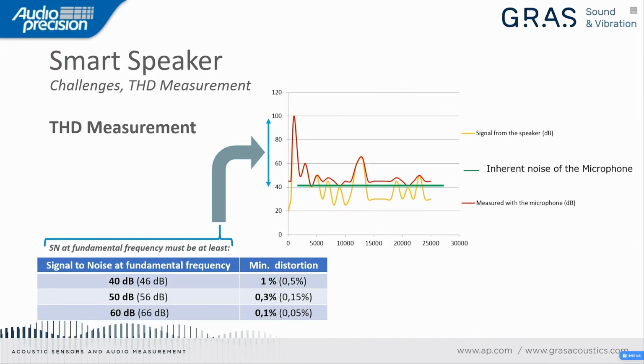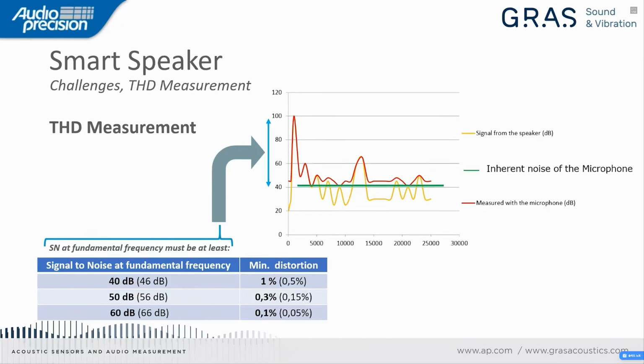If we would like to measure a minimum distortion down to 0.1%, then the ratio between our fundamental and the noise floor of the microphone itself should be at least 60 dB.